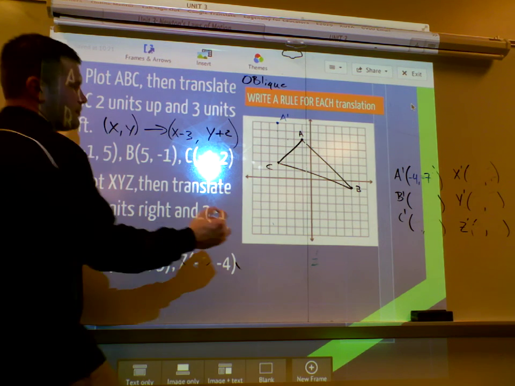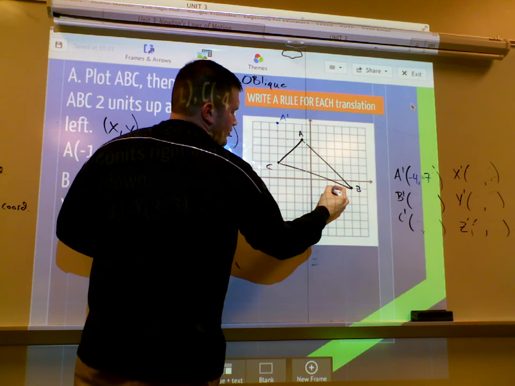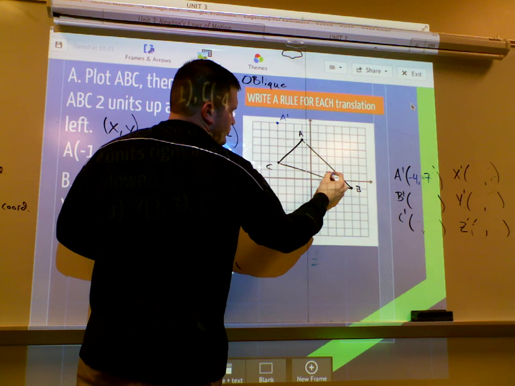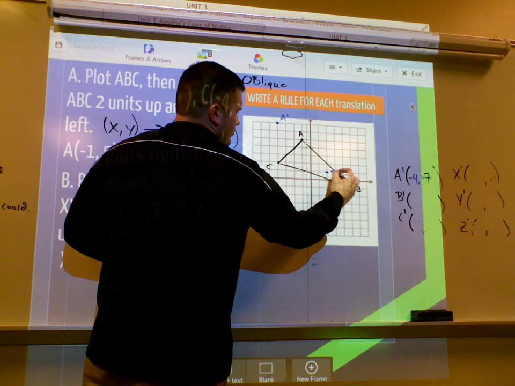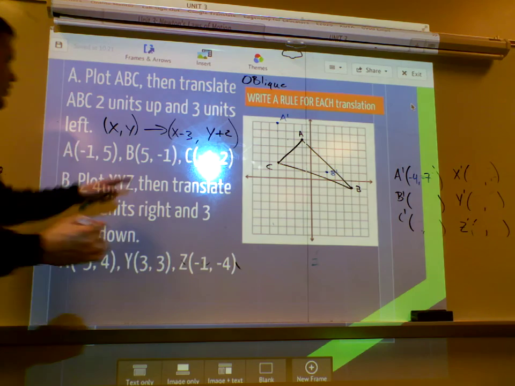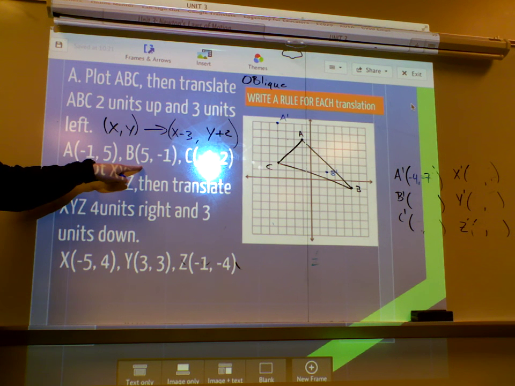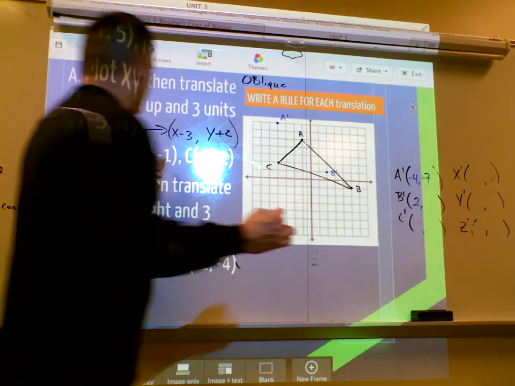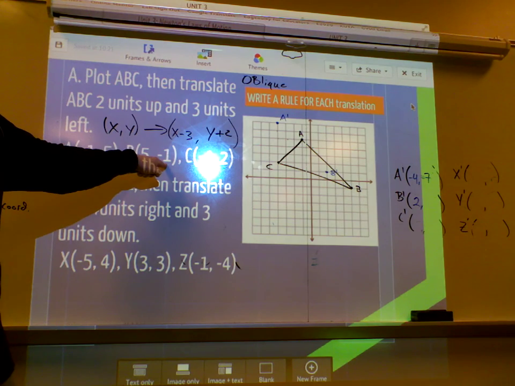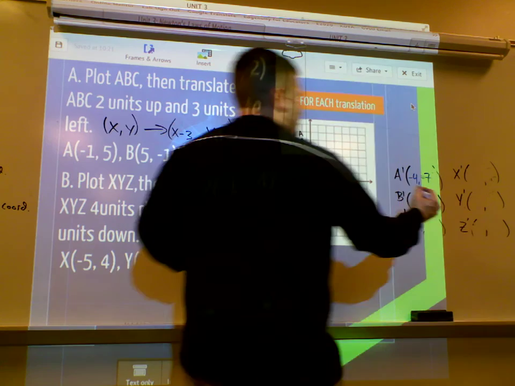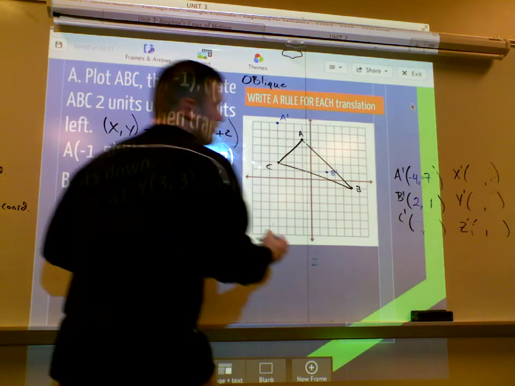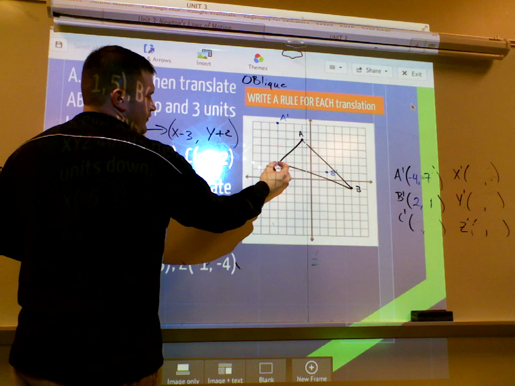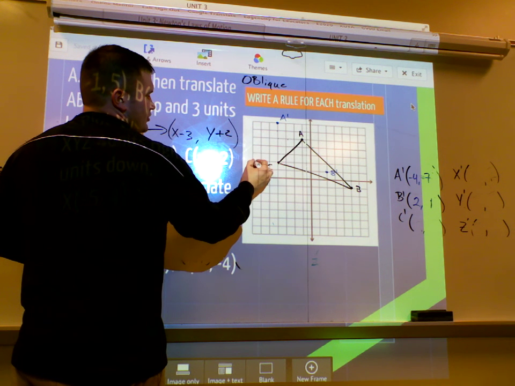B prime, 3 left, up 2. 3 left, 5 becomes, 5 minus 3 is 2. Negative 1 plus 2 is 1. C, 3 left, up 2.